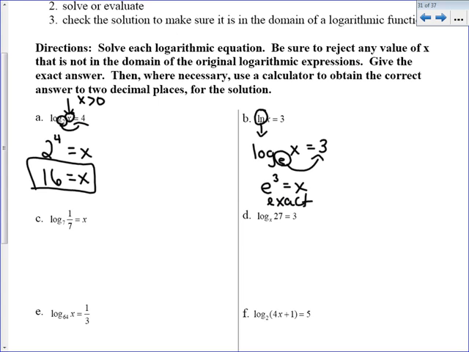It also says, when necessary, use a calculator to obtain the correct answer to 2 decimal places. So now we want to find the approximate answer using our calculators. If you have a graphing calculator, hit second, and then the natural log button, so second ln.